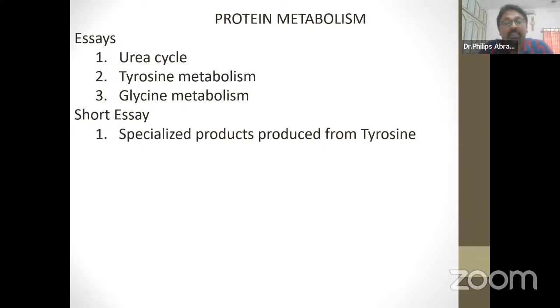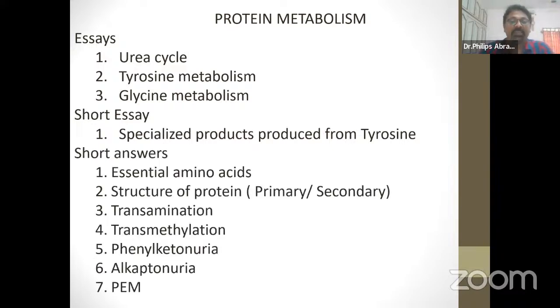The short answer questions can be, again, essential amino acids. They're essential fatty acids in lipids, here essential amino acids. We have 8 essential amino acids and 2 semi-essential amino acids, and say about its function. What will you explain other than that? In a 3 mark question, just by writing 3 names in 10 words, you won't get the 3 marks. Then what more are you supposed to write?